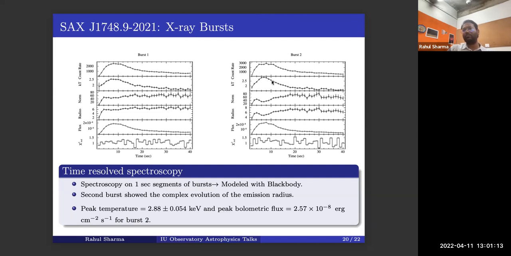These are a different kind of X-ray bursts which show photospheric expansion, where the photosphere expands and gets cooled down and then again settles back to the neutron star surface, and then the temperature starts to increase. But in this case, we only detect this complex evolution in the emission radius, but not in the temperature.